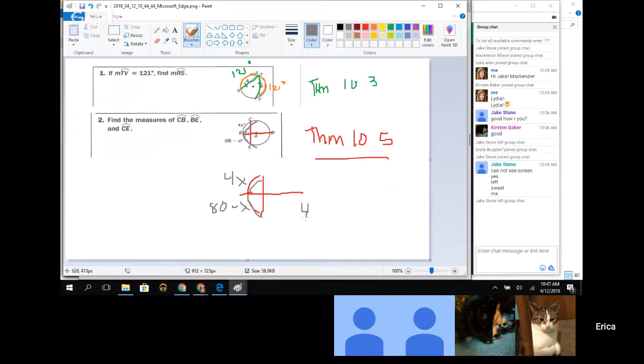So 4x equals 80 minus x. If I want to solve this, quick algebra, right? Add x to both sides, I get 5x equals 80, or x equals, what does x equal? 16.